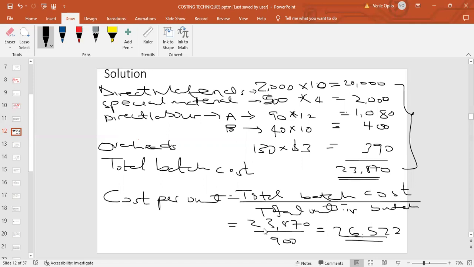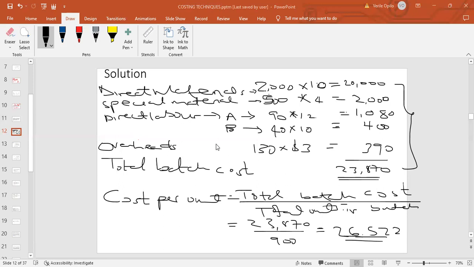It is going to be the total value that the company incurs to produce each and every one of the units, and also to produce all the units. So you factor in the total materials that were incurred, the total labor, and the total overheads.